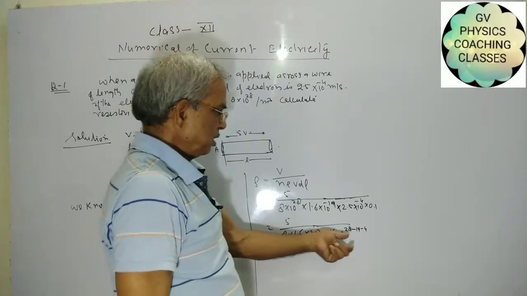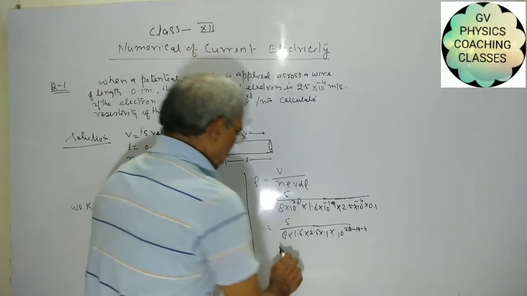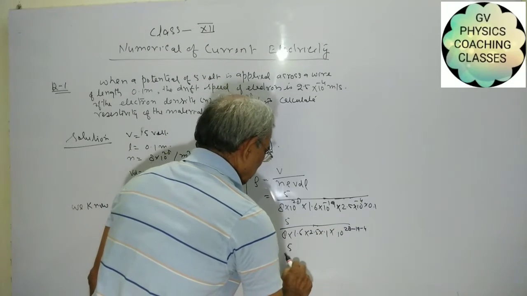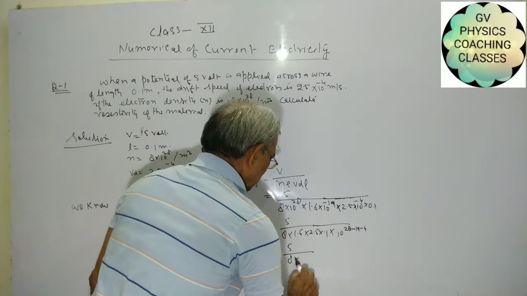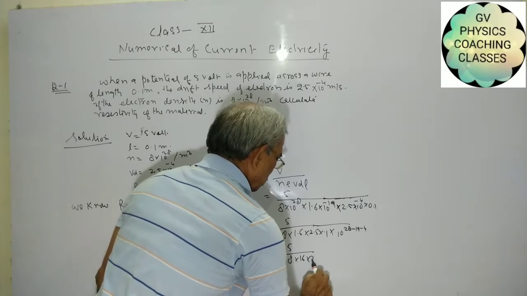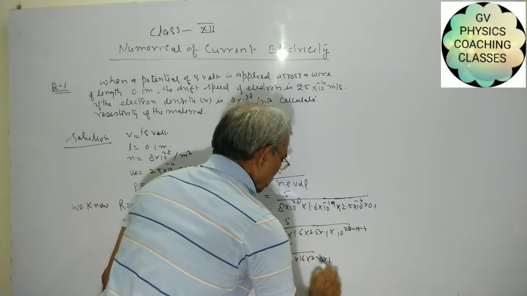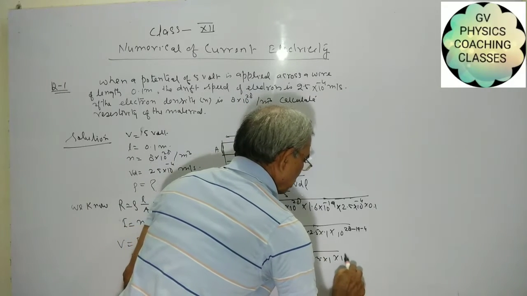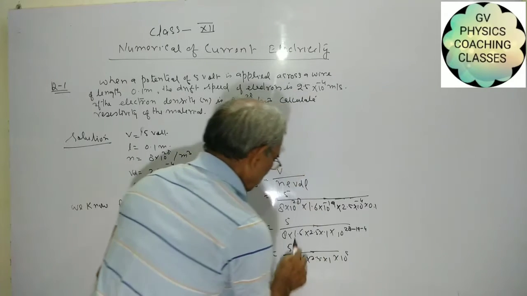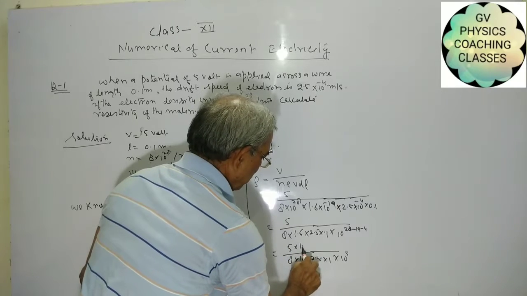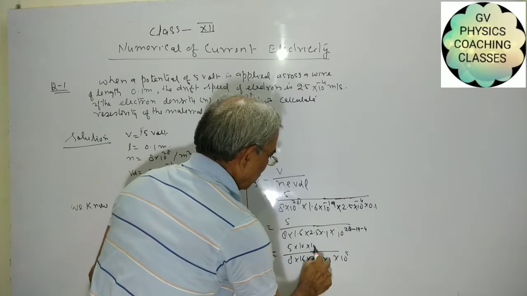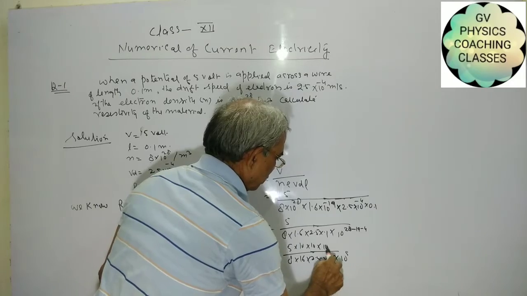It means 23, or we can write 5 upon 8 into 16 into 2.5 into 1 into 10 to the power 5.